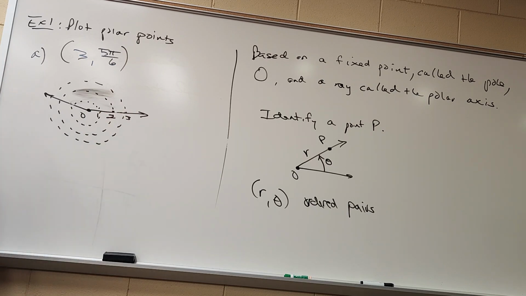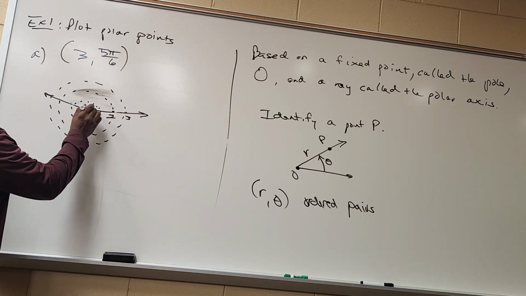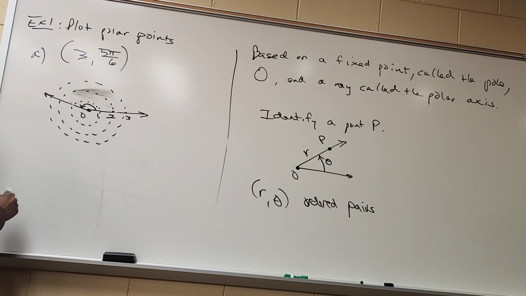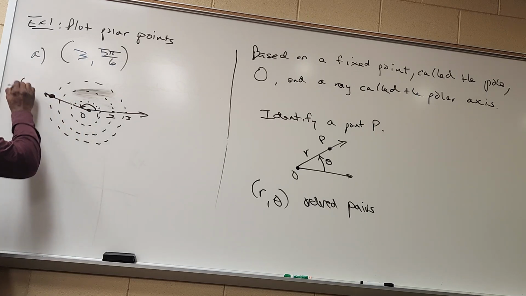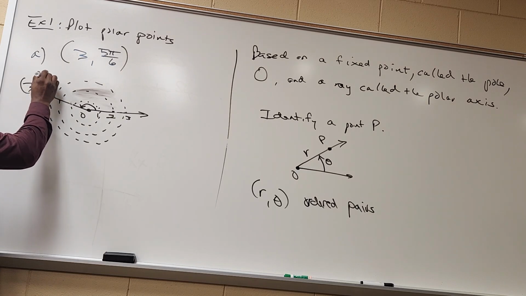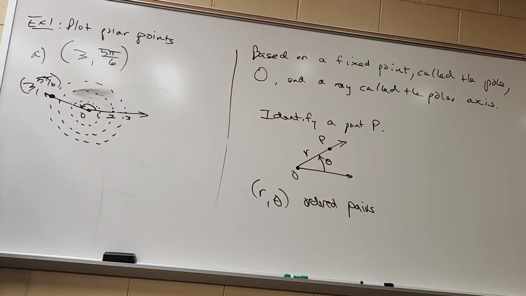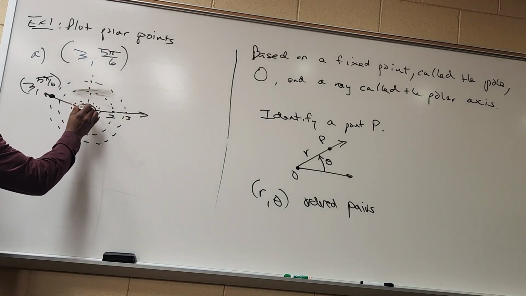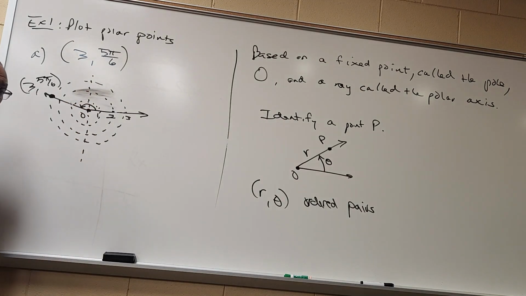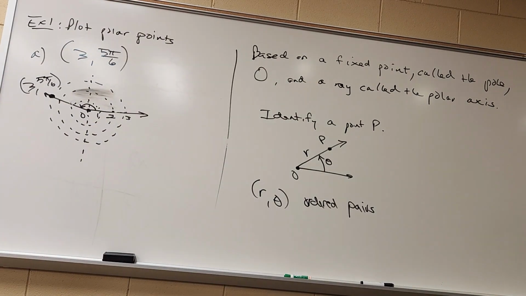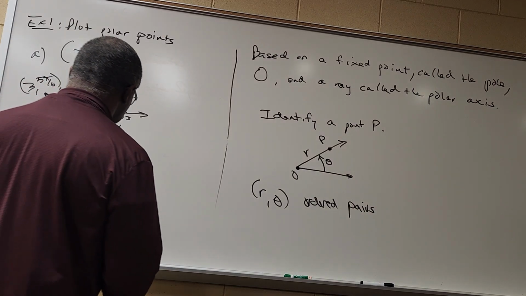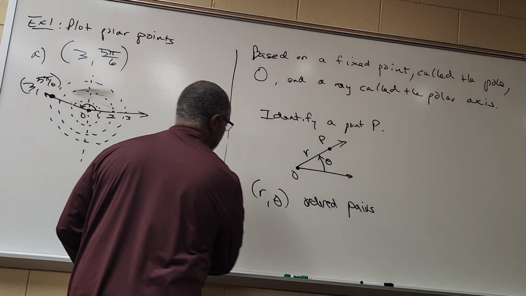There would be a circle of radius 3, etc. So I made an angle of 5π/6, and then I went 1, 2, 3 units out from that point, and there would be the point 3, 5π/6. Okay? And again, if you wanted to superimpose that old coordinate system, you could. But that would be the point 3, 5π/6.